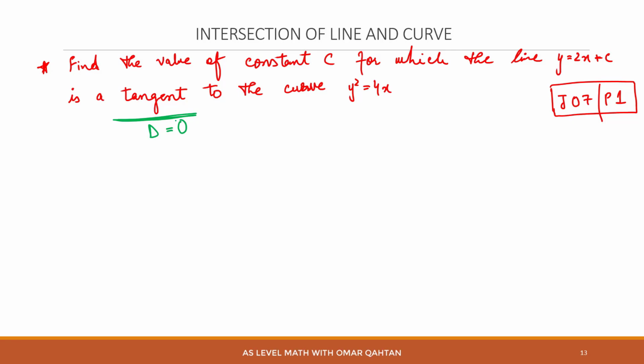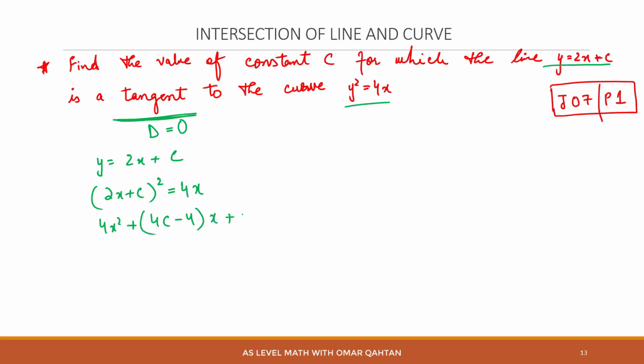So now just substituting the value of the line into the curve equation and simplifying, this equation simplifies to 4x square plus (4c minus 4) x plus c square equals 0.